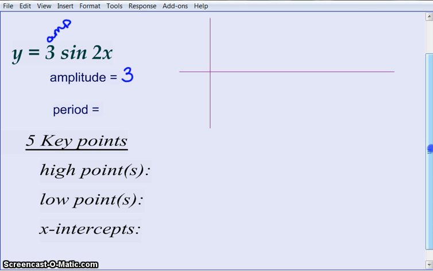The period is related to that 2x, but remember, 2 pi over 2, not 2x, 2 pi over 2. I can certainly simplify that and make that pi. So that when I'm taking a look at my graph, I know I'm going to have to go up to a height of 3. I know I'm going to have to go down to a low of -3.